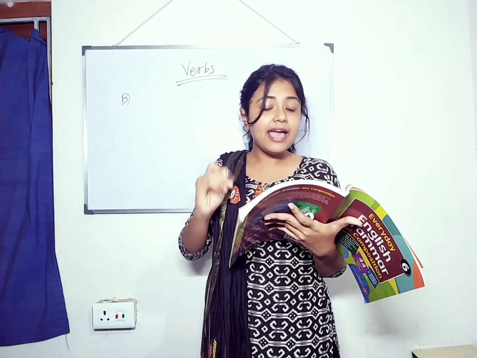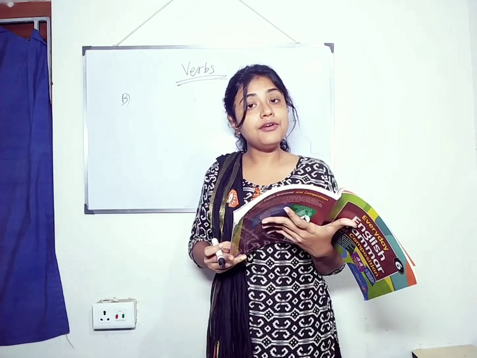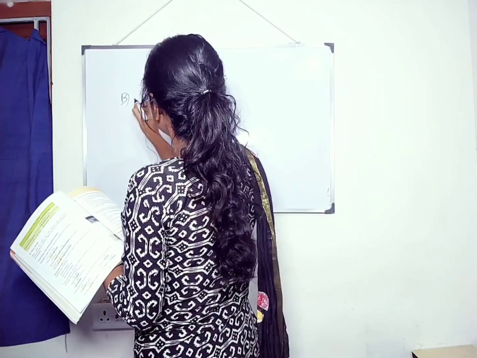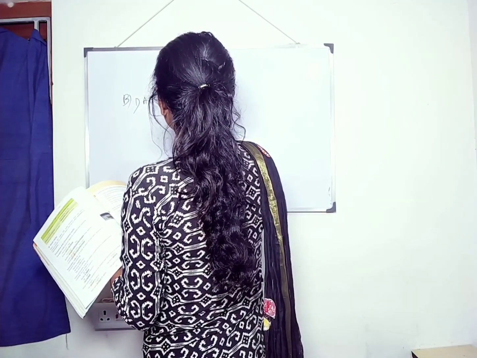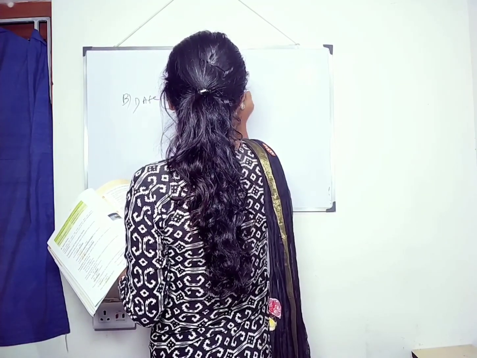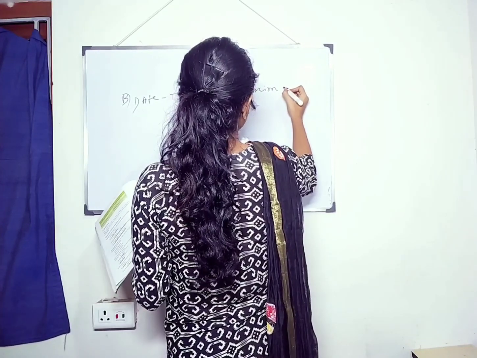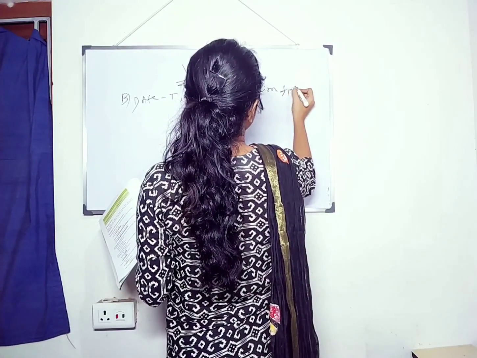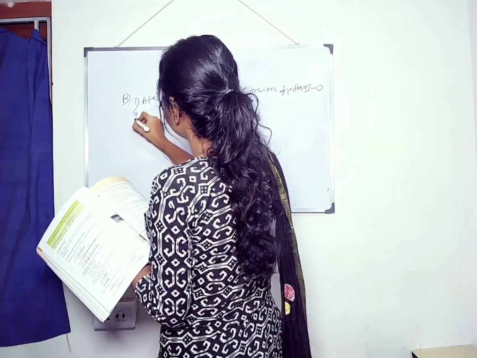Shafina ate what? Shafina ate 3 plates of onion fritters. So ate is transitive and 3 plates of onion fritters is the object.